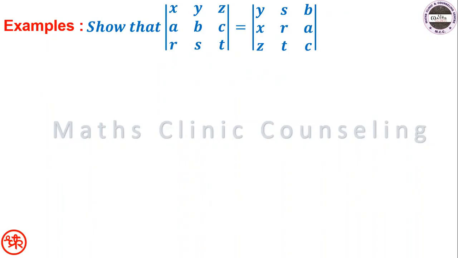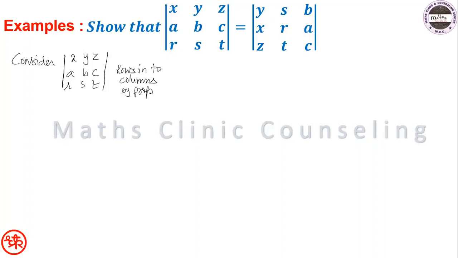Show that the determinant of x, y, z, a, b, c, r, s, t is equal to the determinant of y, s, b, x, r, a, z, t, c. So now let us see, consider the determinant x, y, z, a, b, c, r, s, t. Okay, what do we do now? We change rows into columns by property 1.